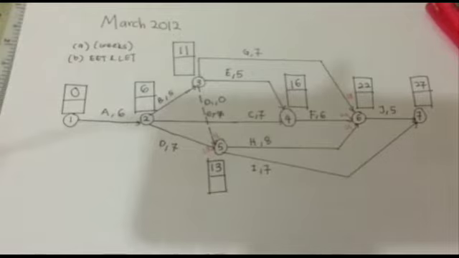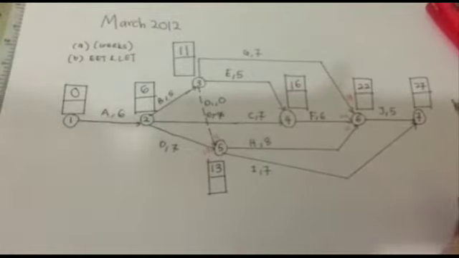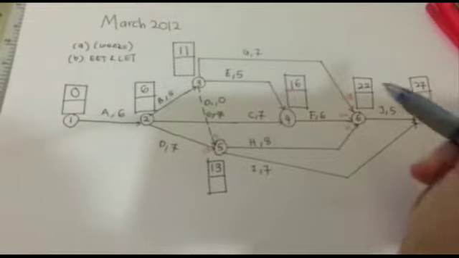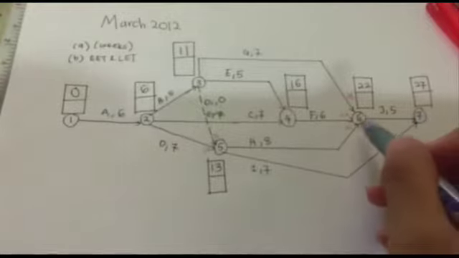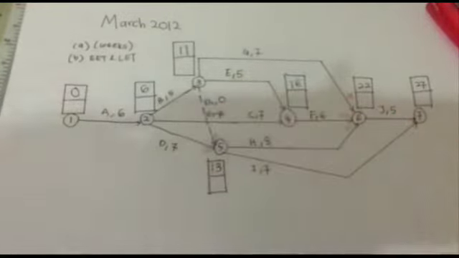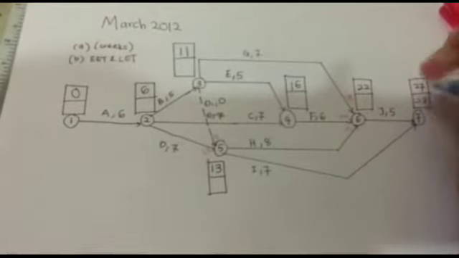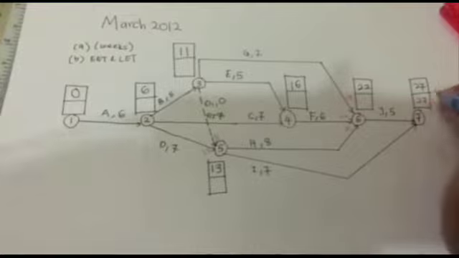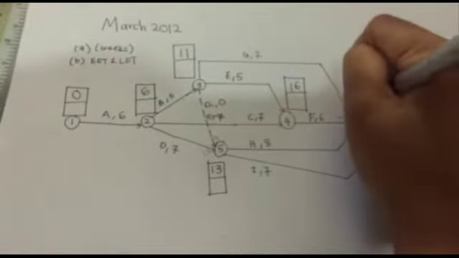Okay, for LET, I will use blue pen. For LET, latest event time, you have to subtract all the numbers starting from the ending until the beginning, 7, 6, 5, 4, 3, 2, 1. So you will have the same number 27 as the beginning. 27 minus 5, you will get 22.